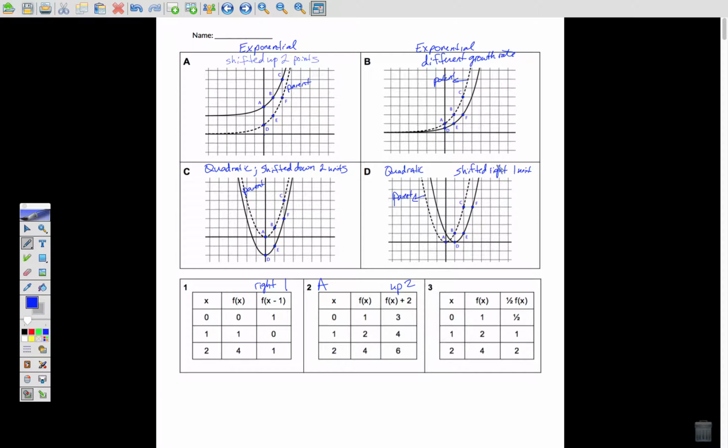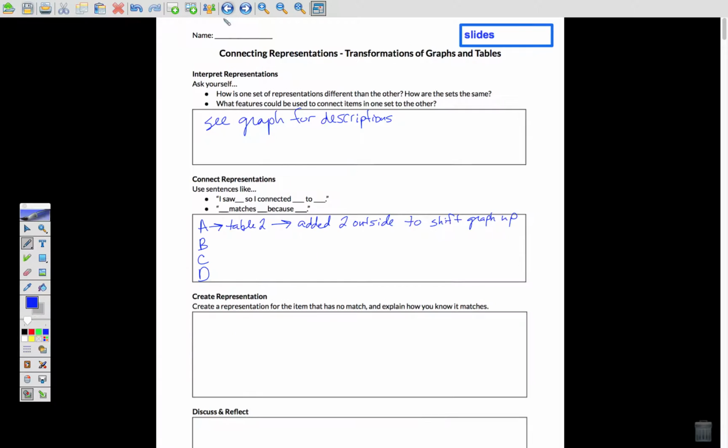And we can see that that's what happened here with graph D. So graph D goes with table 1, and the reason why is we subtracted 1 inside to shift the graph right 1. This one went up 2.